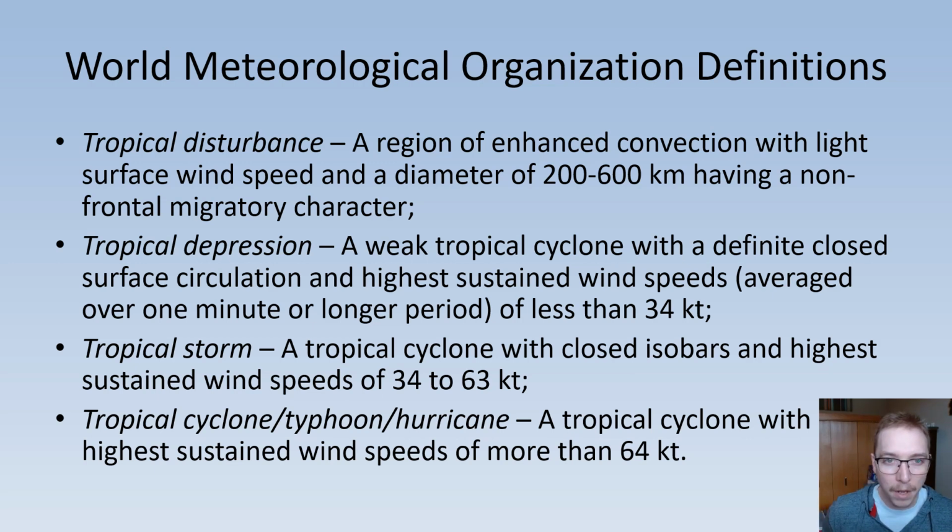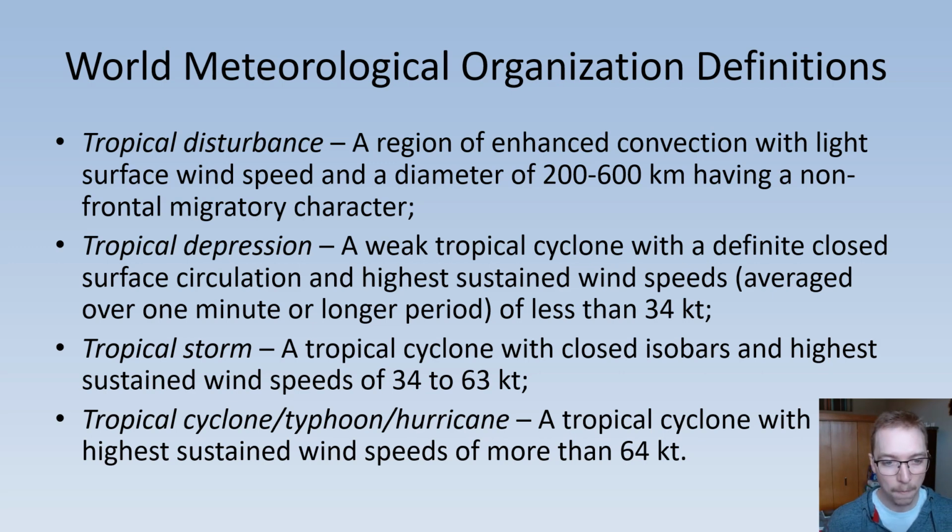So the World Meteorological Organization, or the WMO, defines these four different aspects of tropical storms. We have a tropical disturbance. So this is a region of enhanced convection with light surface winds and a diameter of 200 to 600 kilometers, having a non-frontal migratory character. Tropical depressions, a weak tropical cyclone with a definite closed surface circulation and highest sustained wind speeds averaged over 1 minute or longer of less than 34 knots.